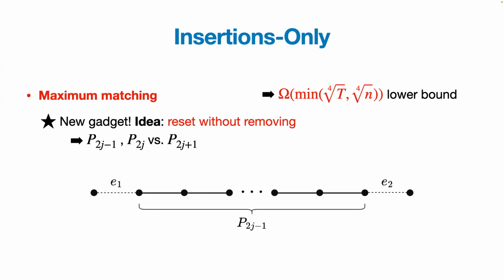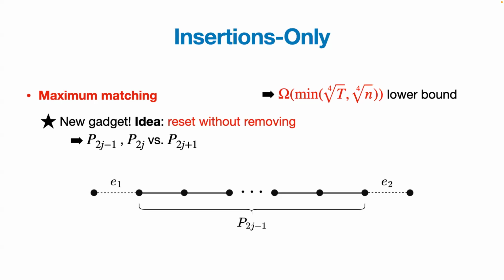So if we have this gadget like this over there, we have a path of length 2j minus 1 in the middle, and we have one edge E1 in the beginning and edge E2 in the end. And we do the exact same thing. We add E1 only if the private bit is 1, and we add E2 only if the query bit is 1. Again, the size of the maximum matching minus j here will be exactly the answer of the inner product.